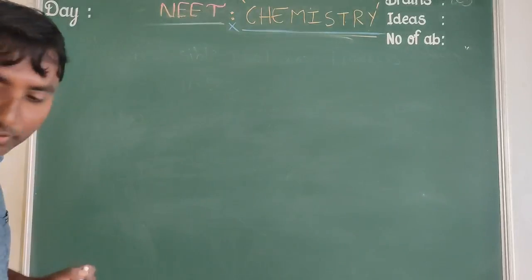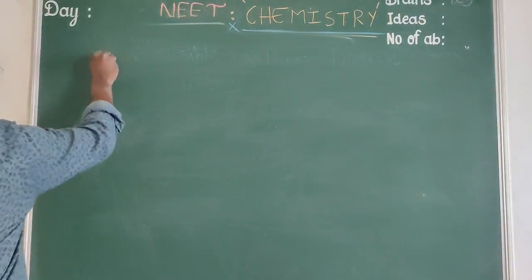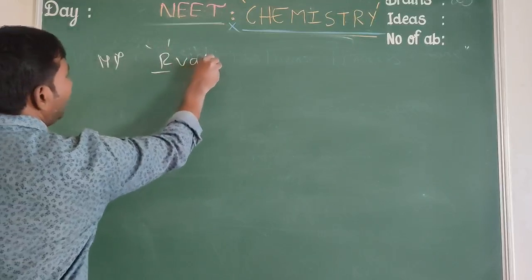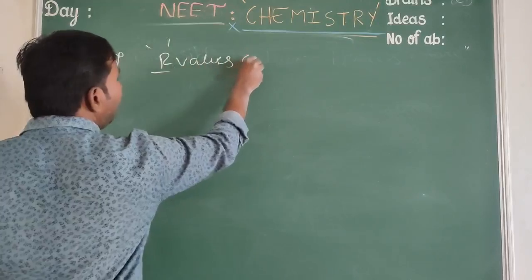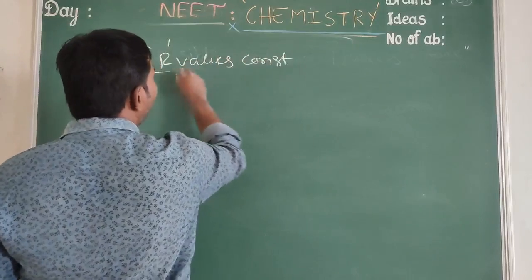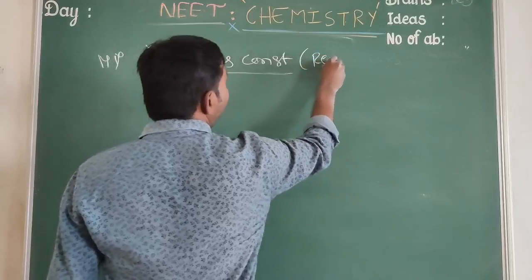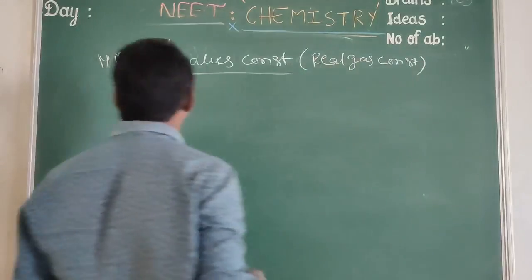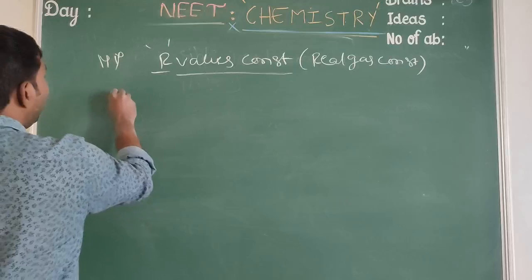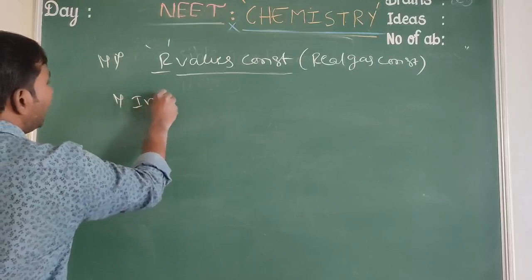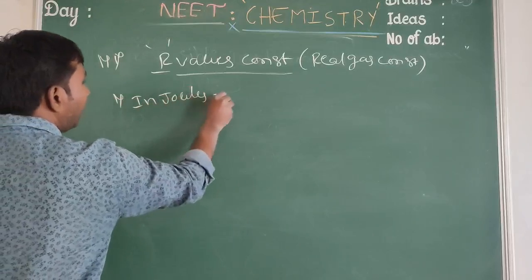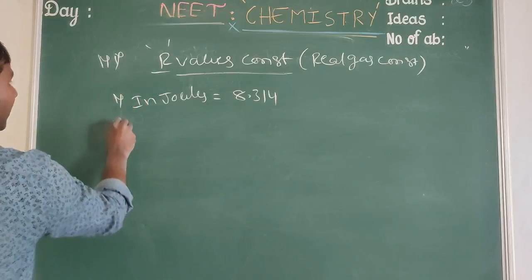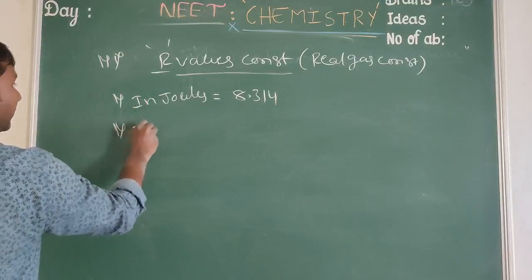R values are fixed. In joules, the R value is 8.314.